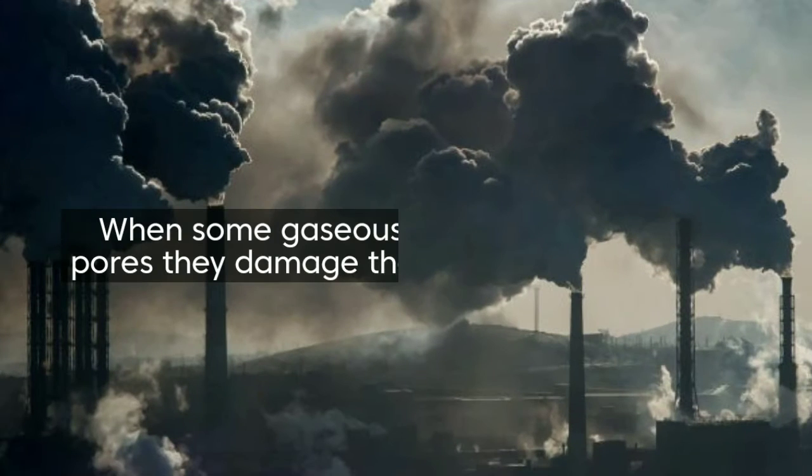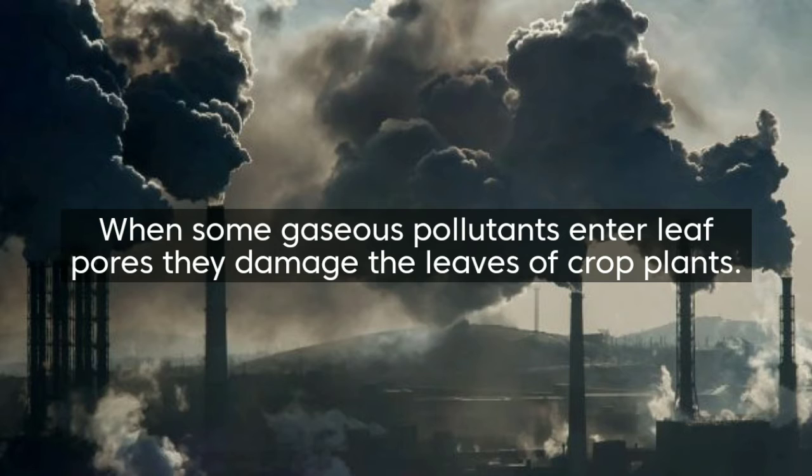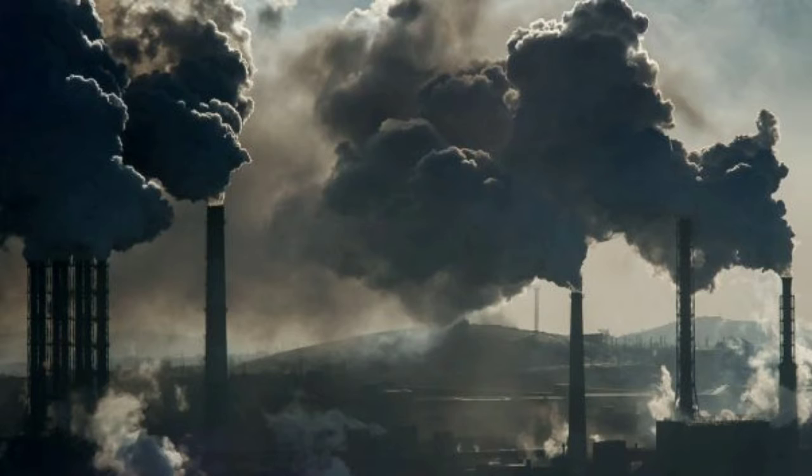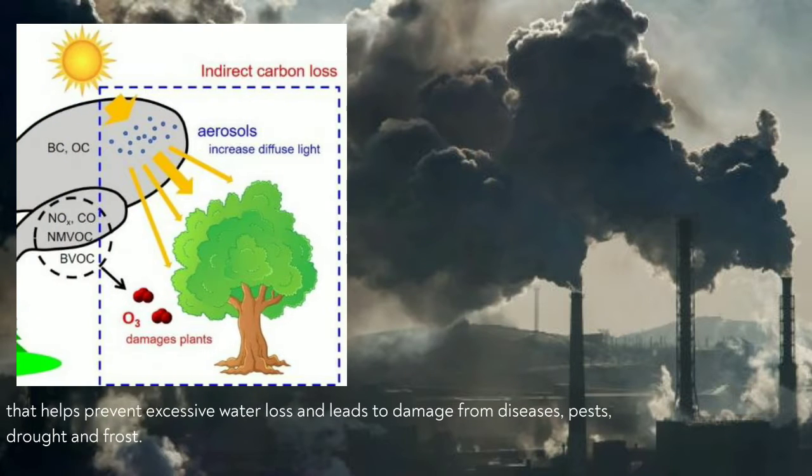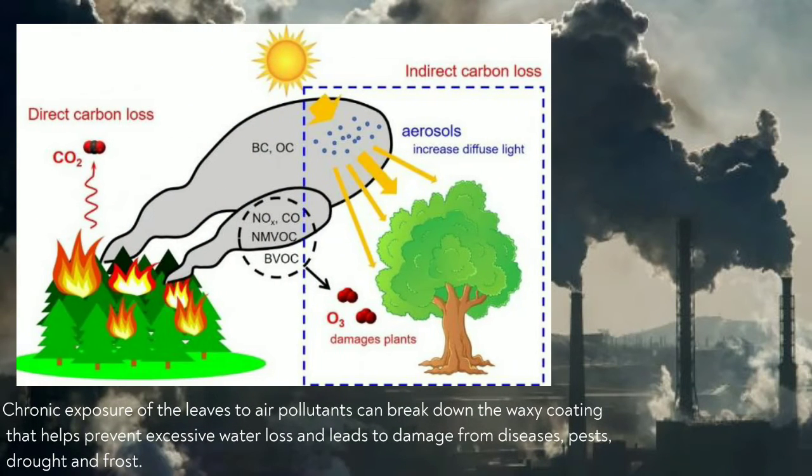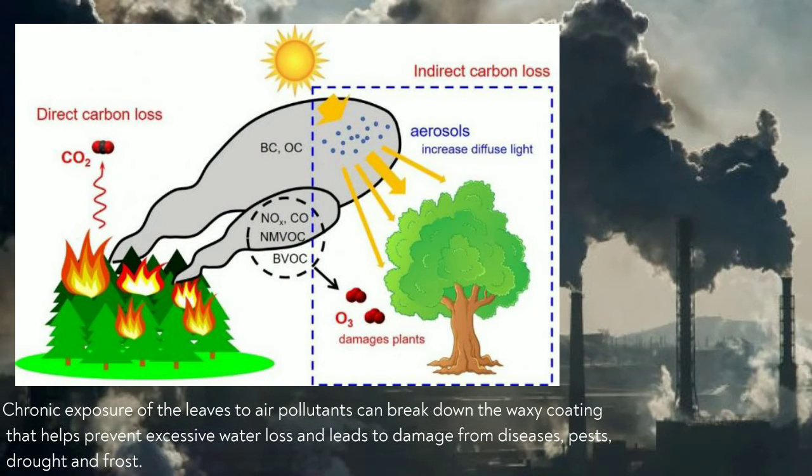Air pollution has an effect on plants. When some gaseous pollutants enter leaf pores, they damage the leaves of the crops. Chronic exposure of the leaves to air pollutants can break down the waxy coating that helps prevent excessive water loss and leads to damage from diseases, pests, droughts, and frost.